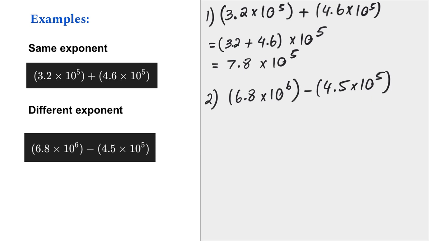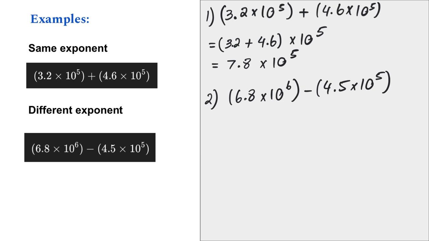So the first number is in millions, and the second number is in hundreds of thousands. Therefore, we cannot subtract them directly because their exponents are different. One has 10 to the 6th power and the other has 10 to the 5th power.